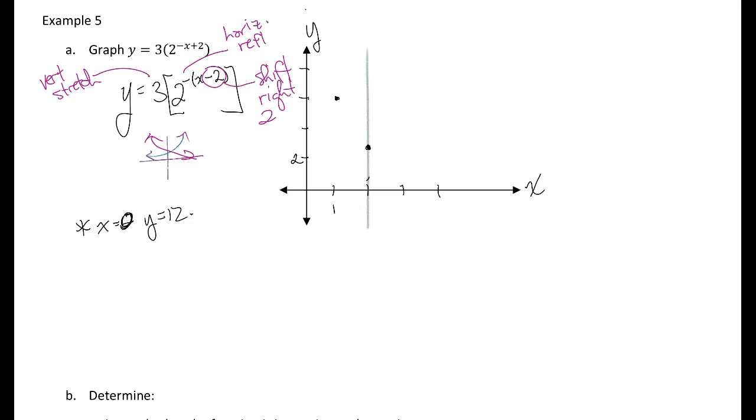Okay, I have no vertical shift, so I'm expecting my horizontal asymptote to still be the same at y equals 0. Okay, but plugging in these values, plugging in 3 here, 3 minus 2 is 1, but it's negative. So we've got a half times 3 is 1.5, roughly here. Okay, 4 minus 2 is 2.